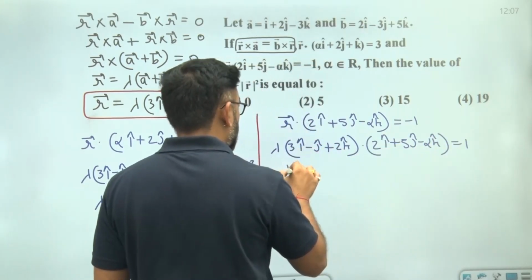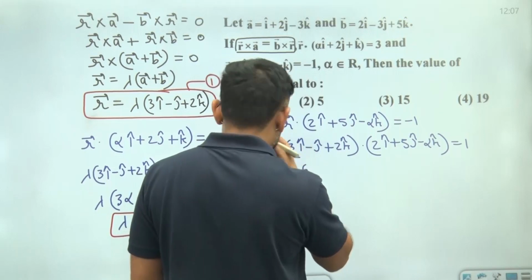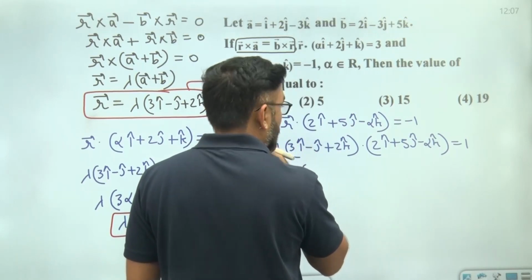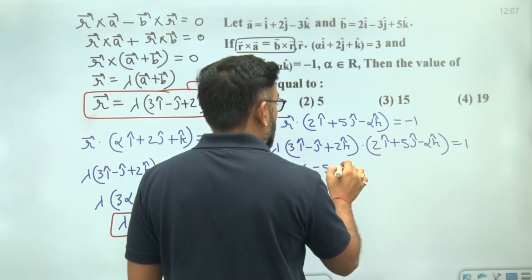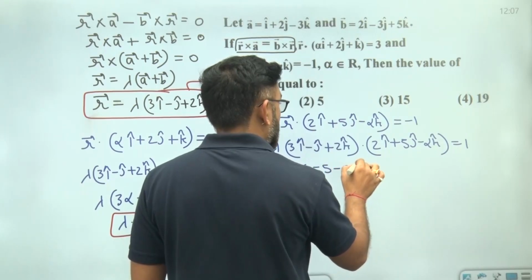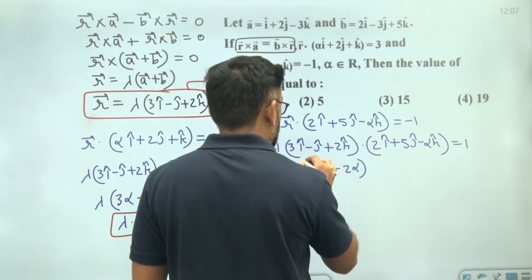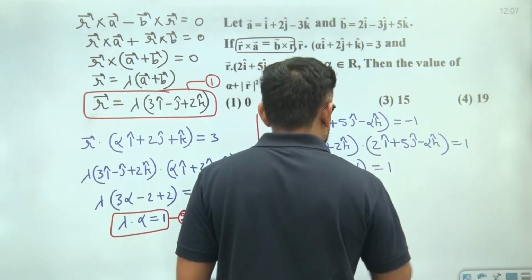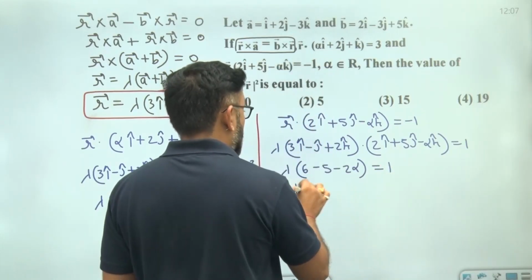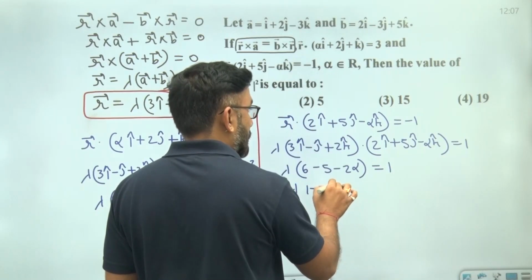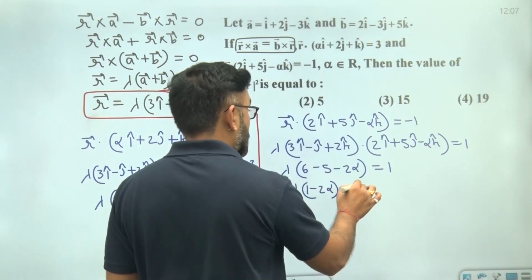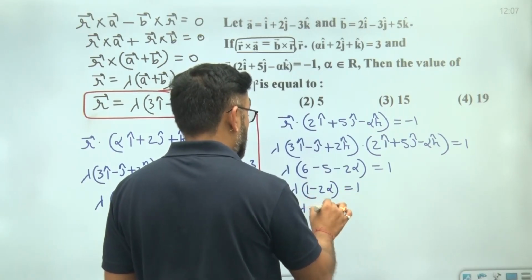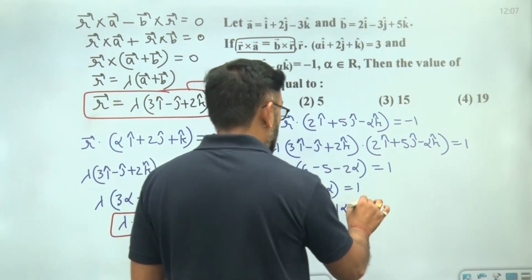Again multiplying, this is 6 minus 5 minus twice alpha, so lambda minus twice lambda alpha.